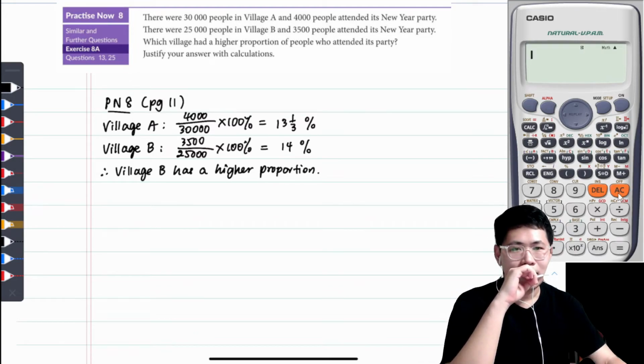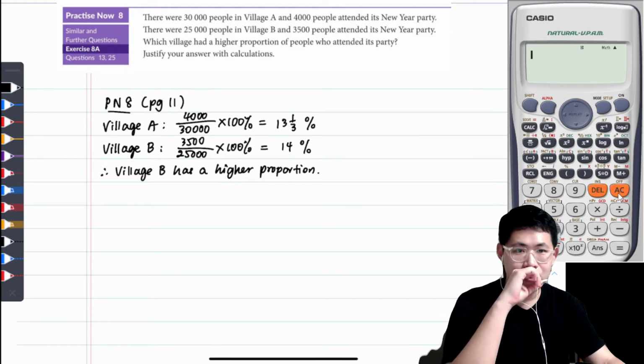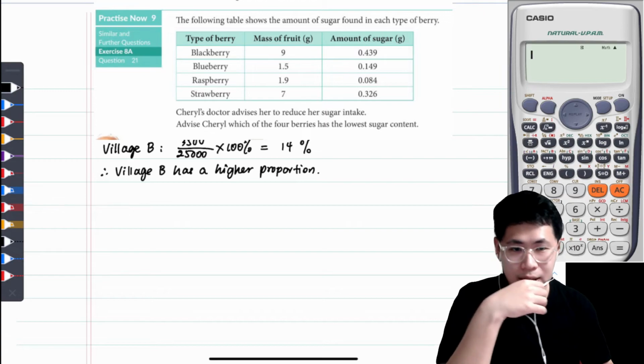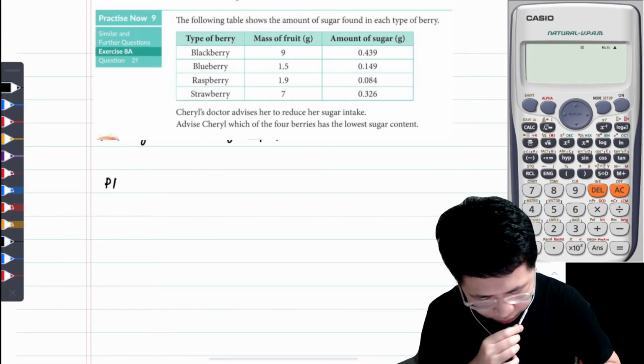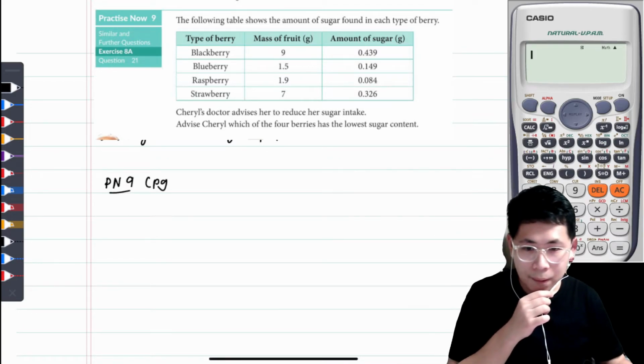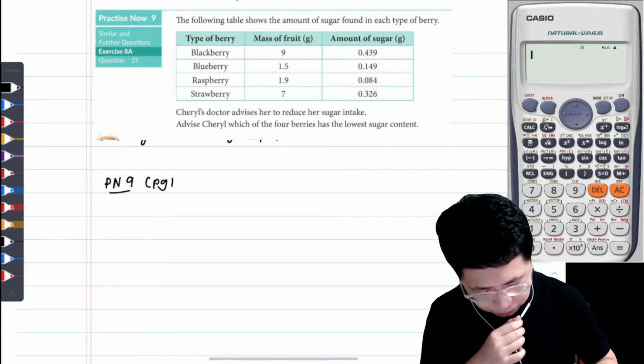Alright, let's look at the last question of the day, which is practice now 9, page 12.